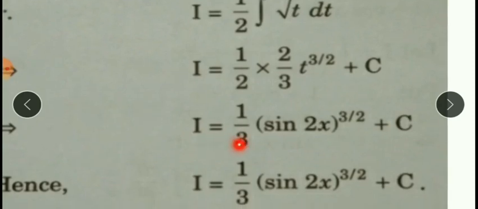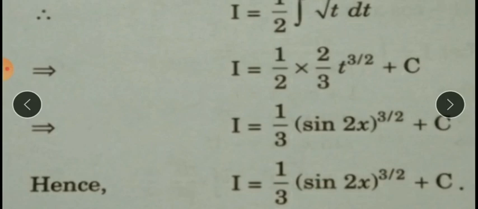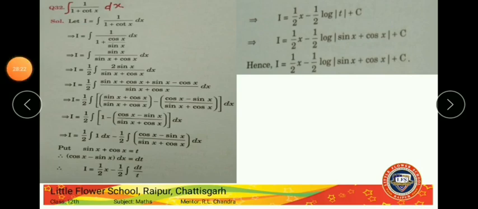I is equal to 1 upon 3 sin 2x, the value of t is sin 2x, raised to 3 by 2 plus c. Finally, the integration becomes I is equal to 1 upon 3 sin 2x raised to 3 by 2 plus c, where c is known as the constant of integration.